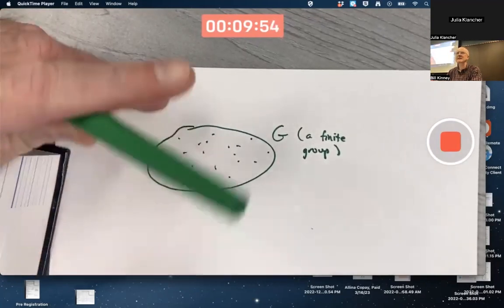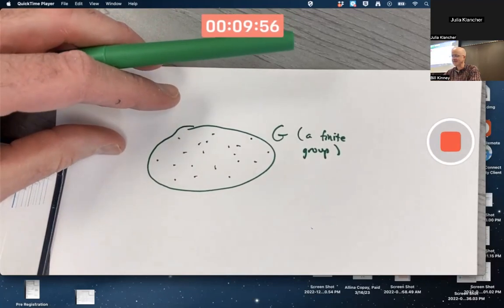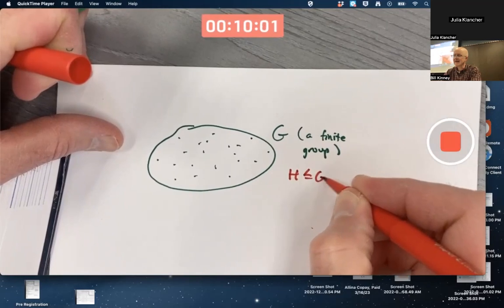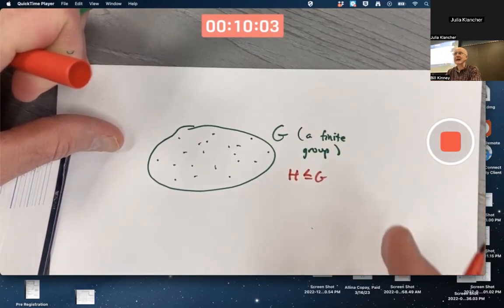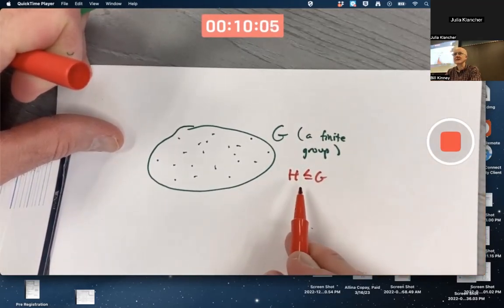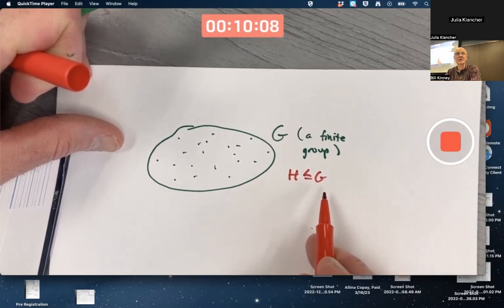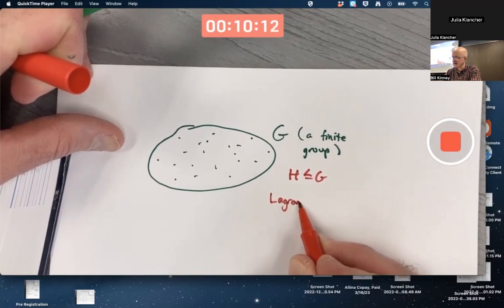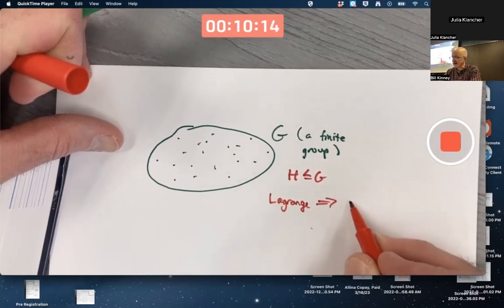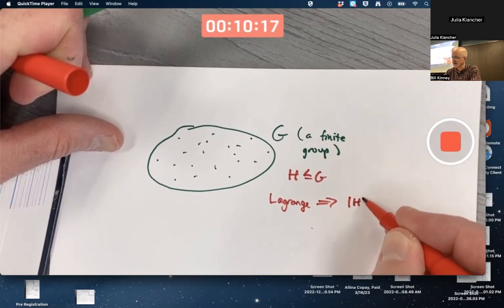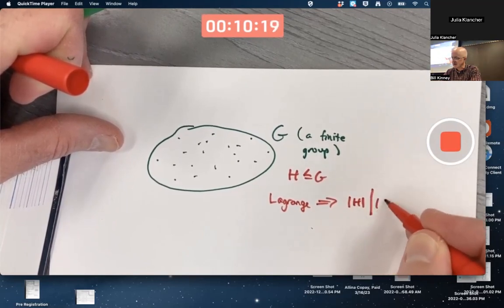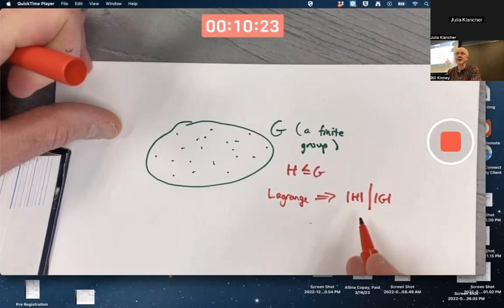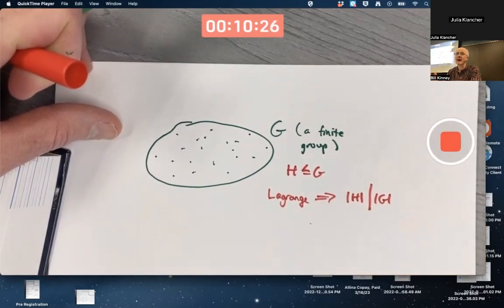And we've got some subgroup of G, H. And remember what Lagrange's theorem says. Lagrange's theorem says the order of H must divide the order of G. Lagrange implies that the order of H divides the order of G. And if the order of G is 20, that means the order of H must be either 1, 2, 4, 5, 10, or 20.